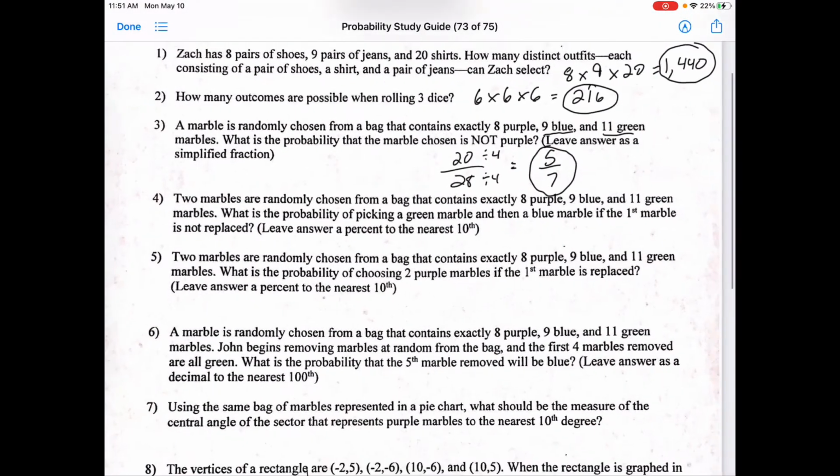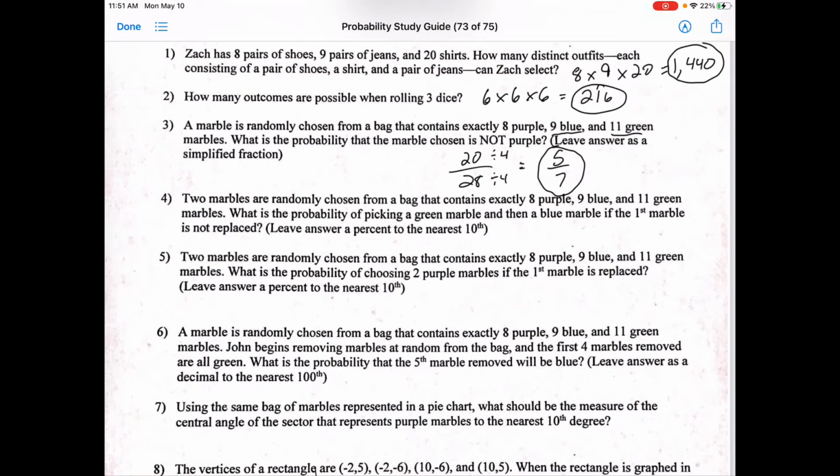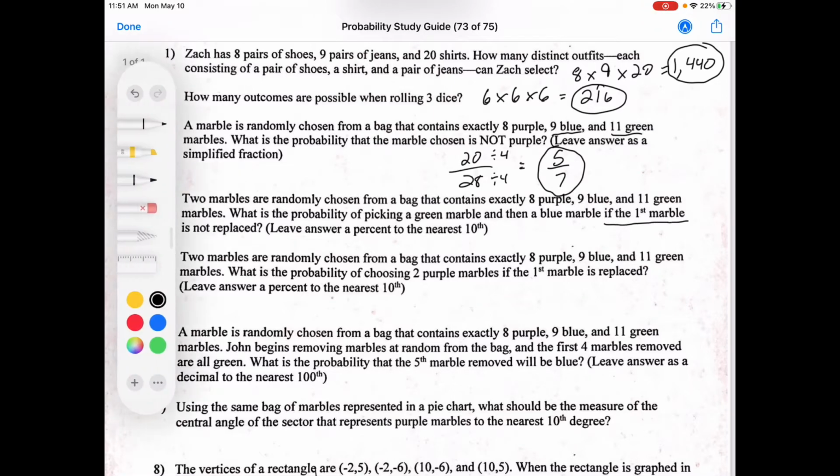All right, number 4, using the same bag of marbles, what's the probability of picking a green marble and then a blue marble if the first marble is not replaced? That's important. Okay, so what is the probability that we reach in the bag and we pull out a green marble?